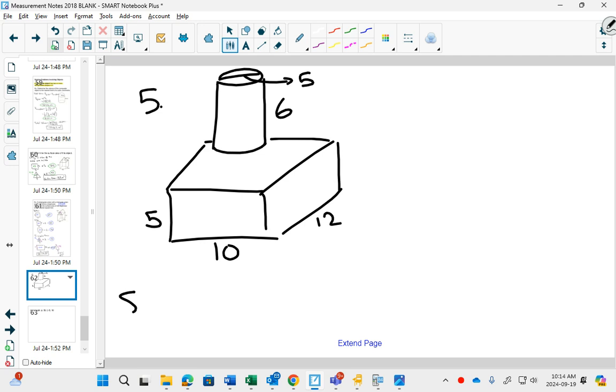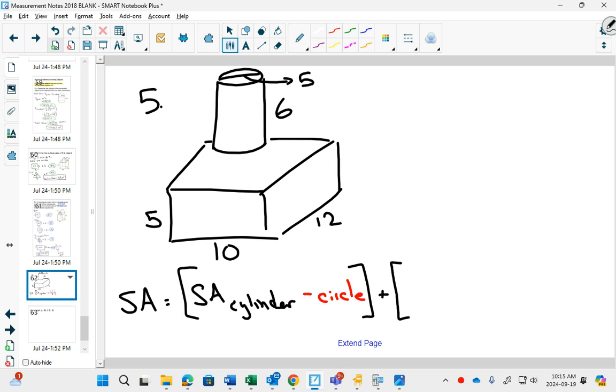So we're going to write out the idea first. The surface area will be the surface area of the cylinder, and then I'm going to write in red minus a circle, and I'm going to put that in one set of brackets, and then we're going to add in another big set of brackets the surface area of the prism, and of course that is also missing a circle, and I'll put that in there.